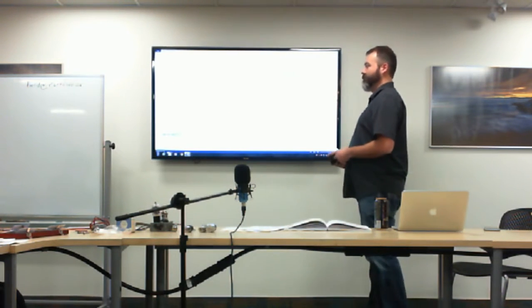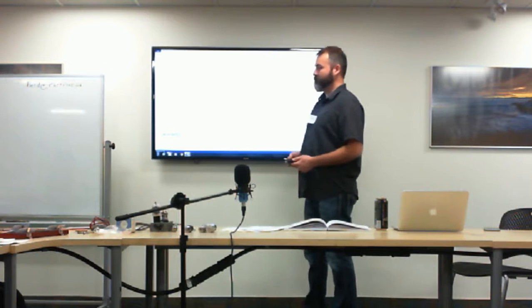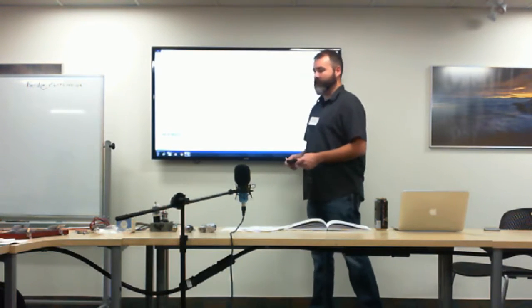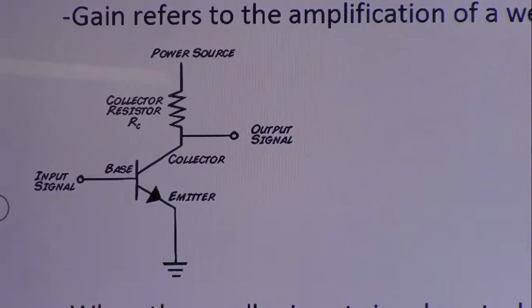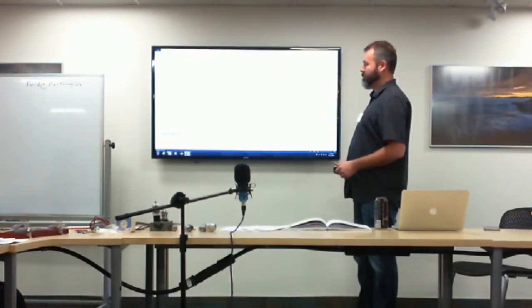So we can use a transistor for gain. Now, gain, when we're talking transistors and FETs, will amplify voltage and current. It won't change the frequency of a signal, but it will amplify the power, the wattage.